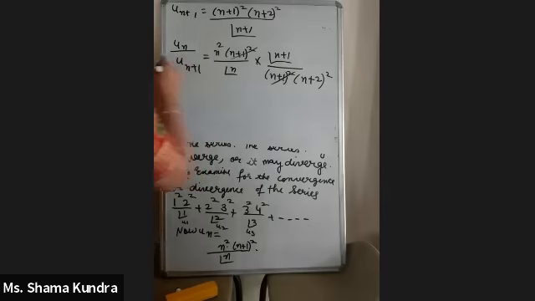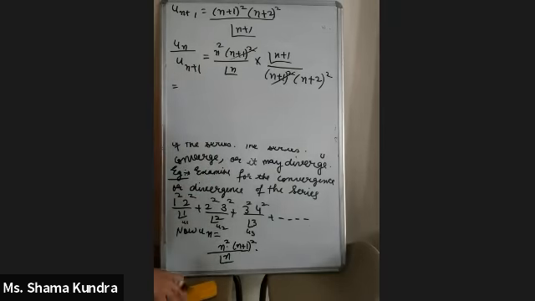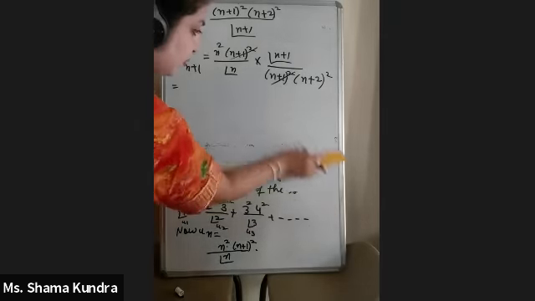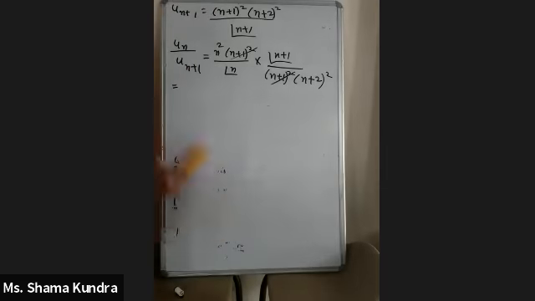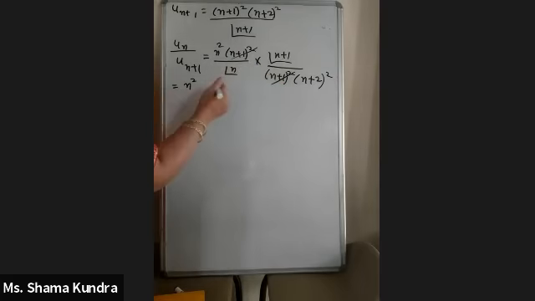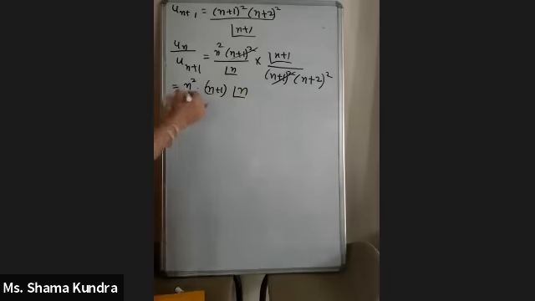This will get cancelled out. n plus 1 factorial can be written as n plus 1 into n factorial, so that n factorial will get cancelled out.